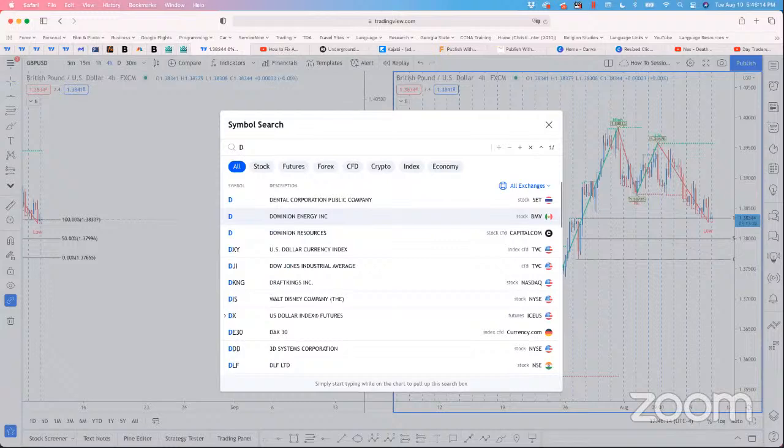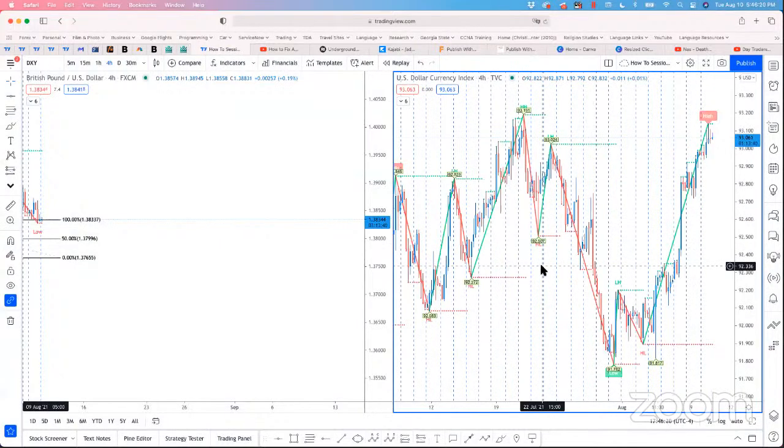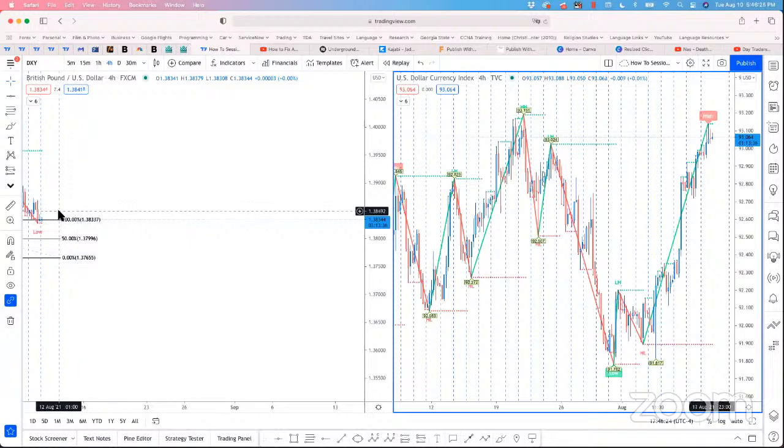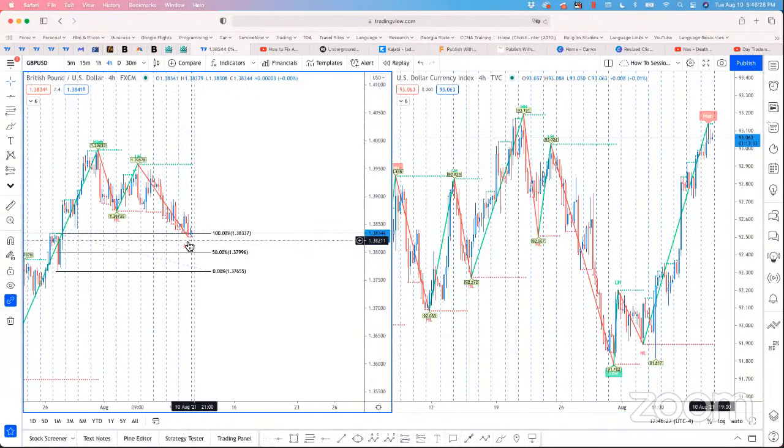DXY. This is exactly what I want y'all to see. We're on the 4-hour. We had a low on the GU and a high on the dollar.